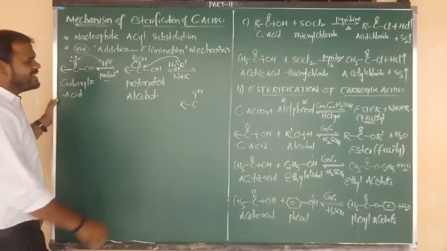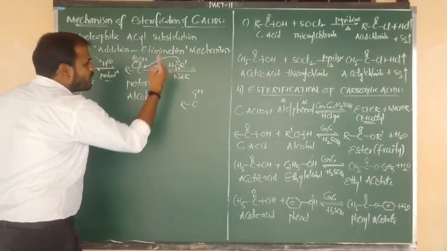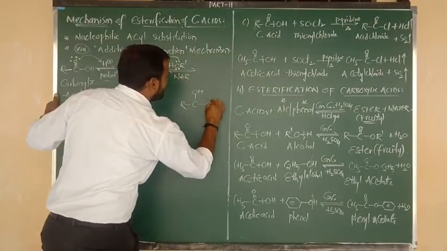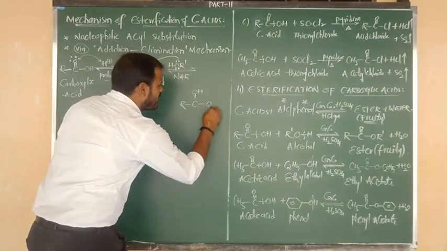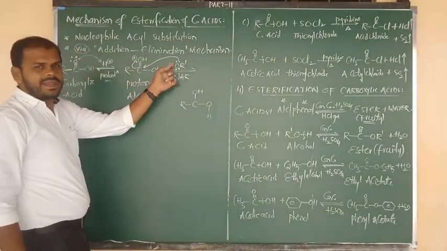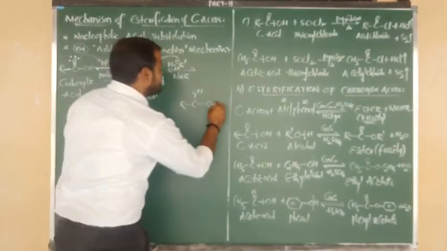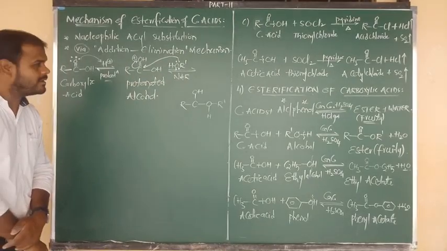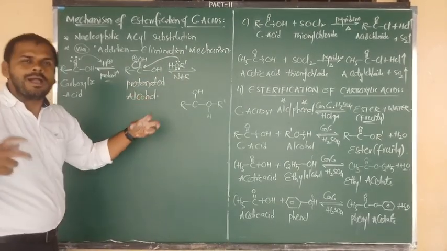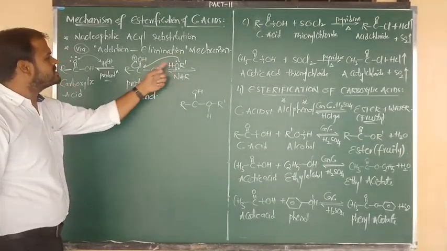Now that carbon is attacked by O, which contains one hydrogen and one R prime group on one side. I am going to write that R prime group here, and a new bond is formed between oxygen and carbon.